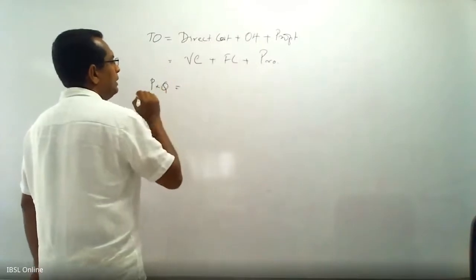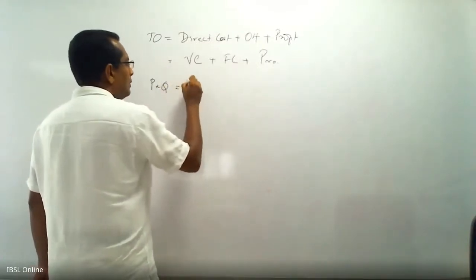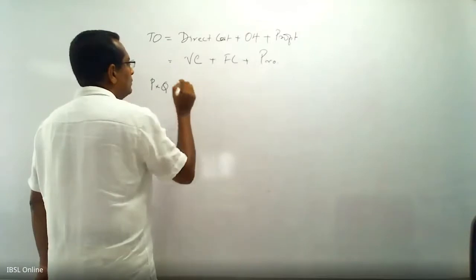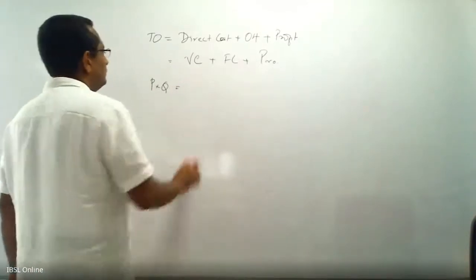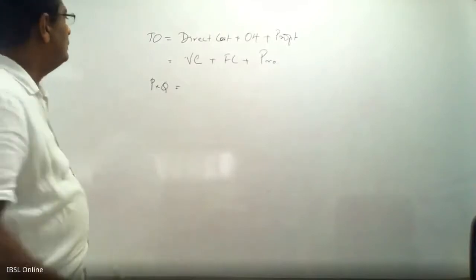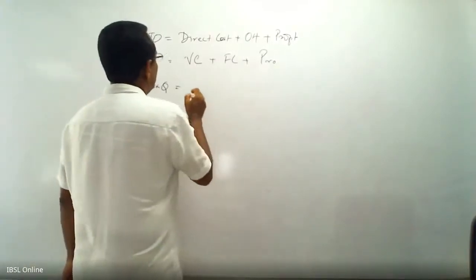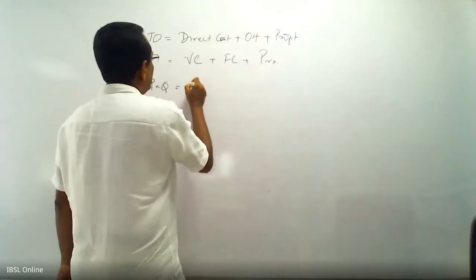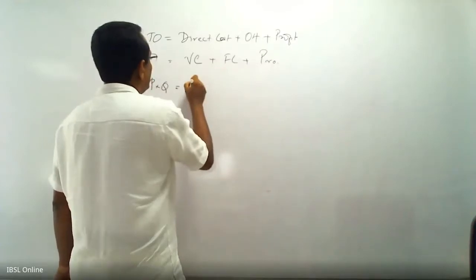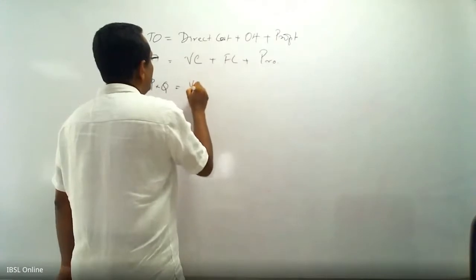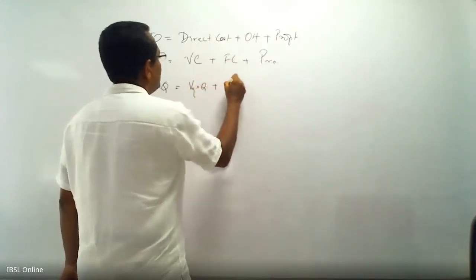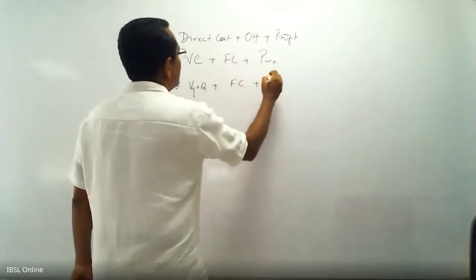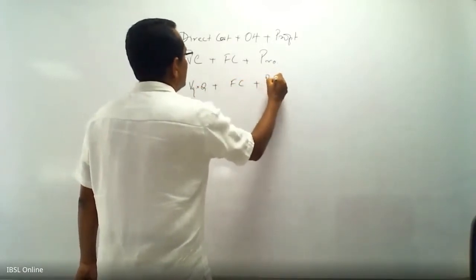Variable cost equals variable cost per unit into quantity plus fixed cost plus profit.